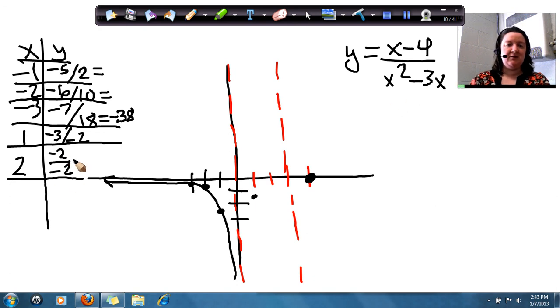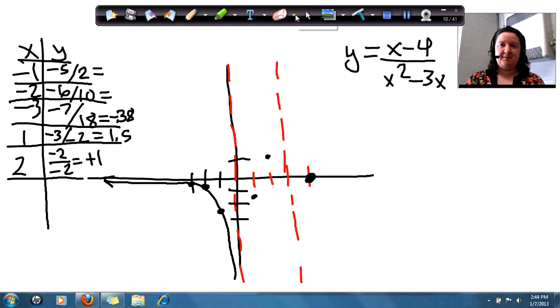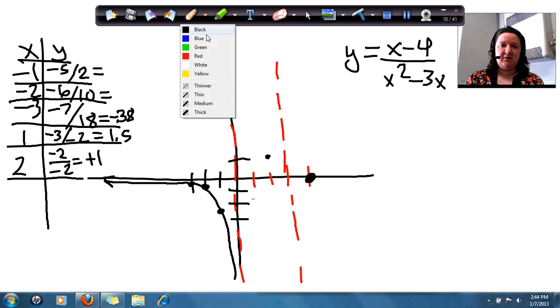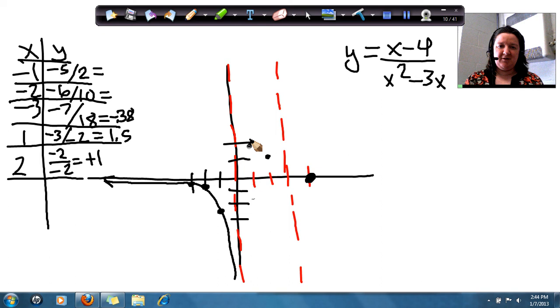So that's going to give me +1, because negative divided by negative. So this point should be up here. So this kind of looks like it's coming in like this and then heading out like that.